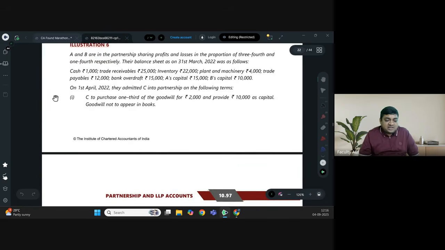In illustration 6, you can easily see these are my assets. If you total, it comes to 52,000. And from trade payable, bank OD, this is my liability. If you total, it is coming to 52,000. Right? C is to come for a 1/3 share. And for the 1/3 share of goodwill, he is giving 2,000. And he will provide 10,000 as capital. It means he is bringing 12,000.